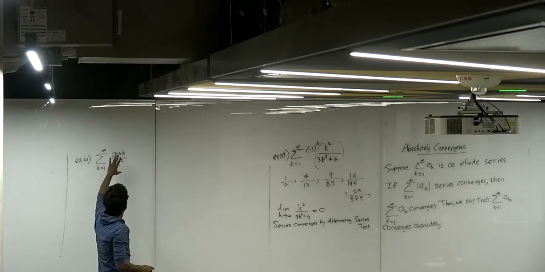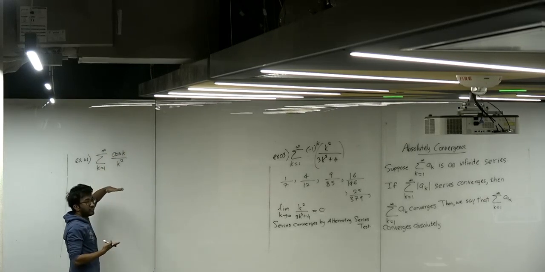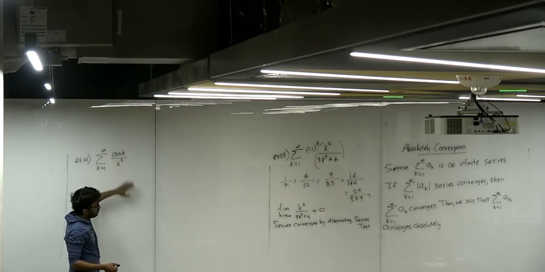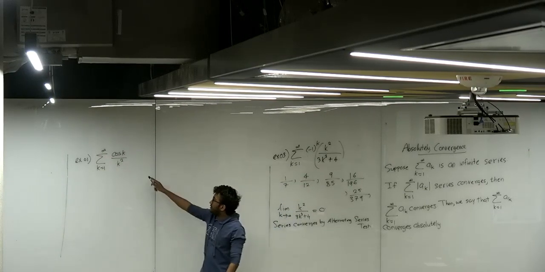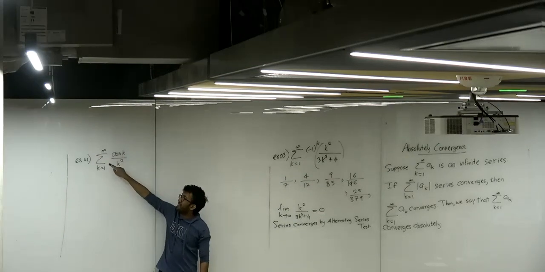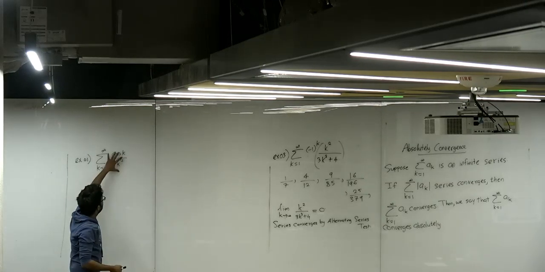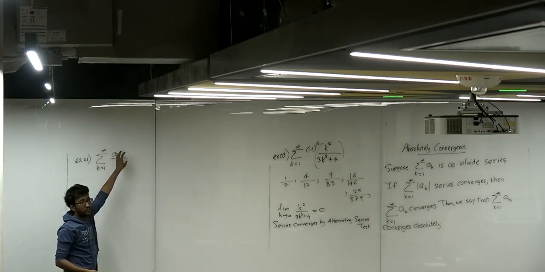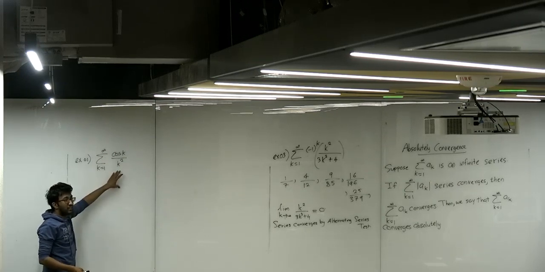Now you can see that some terms are going to be negative and some terms are going to be positive, because cosine k is varying between -1 and 1. Also, I cannot apply the divergence test, because this limit is 0. In the denominator you have k to the power 2, and when k is getting bigger and bigger, this goes to 0. So you cannot apply the divergence test.